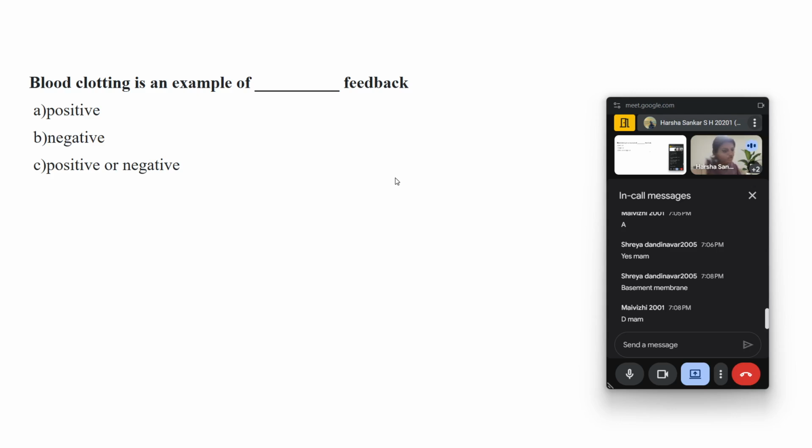Okay, going to the next question. I think it's fine. Blood clotting is an example of dash feedback. We are going back to the first introductory session where we learned about positive feedback and negative feedback systems. Option A positive, option B negative, C both positive or negative. Shreya is saying positive.